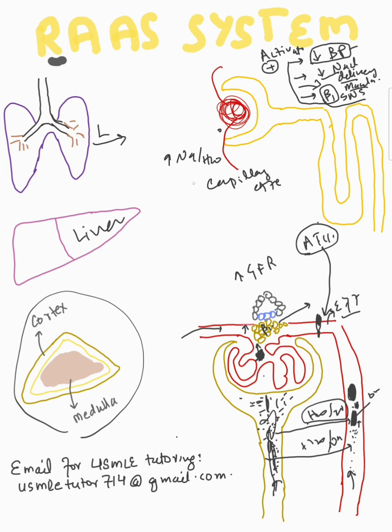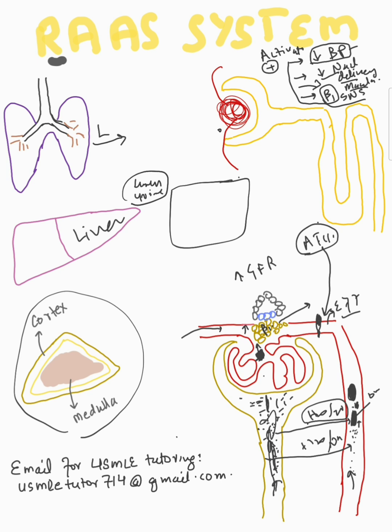Now the second effect by which angiotensin will lead to increased sodium and water reabsorption is the proximal tubule sodium-hydrogen exchanger. So the sodium exchanger is in the proximal convoluted tubule. If you draw a cell here, let's say this is the lumen of the nephron.